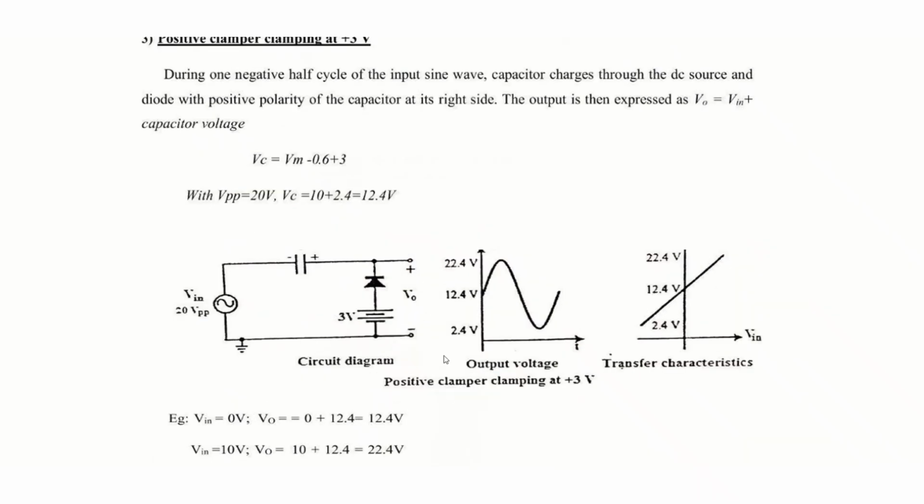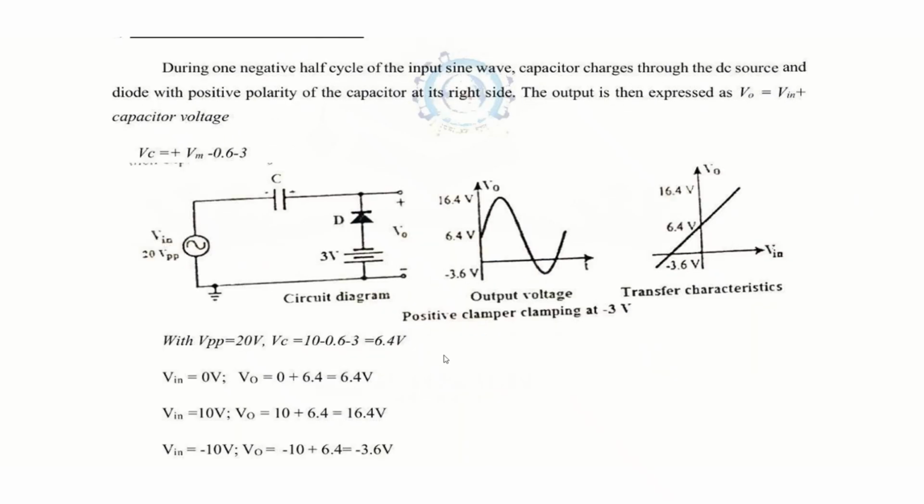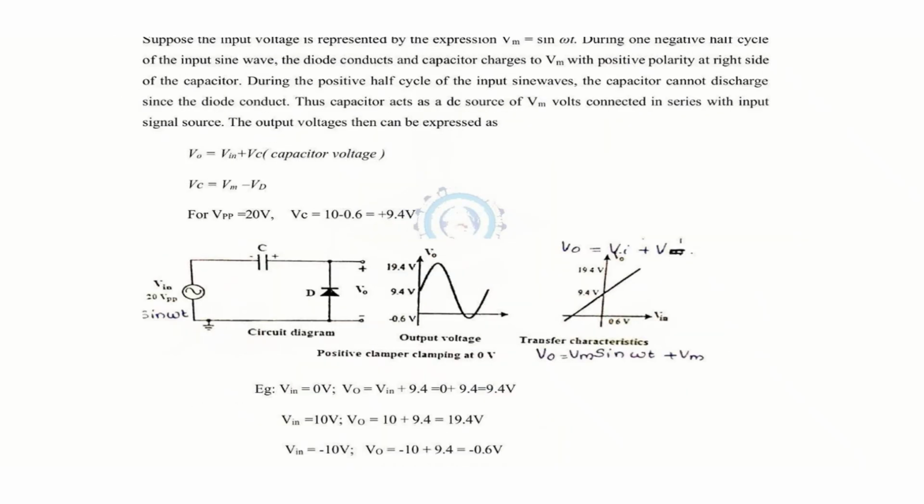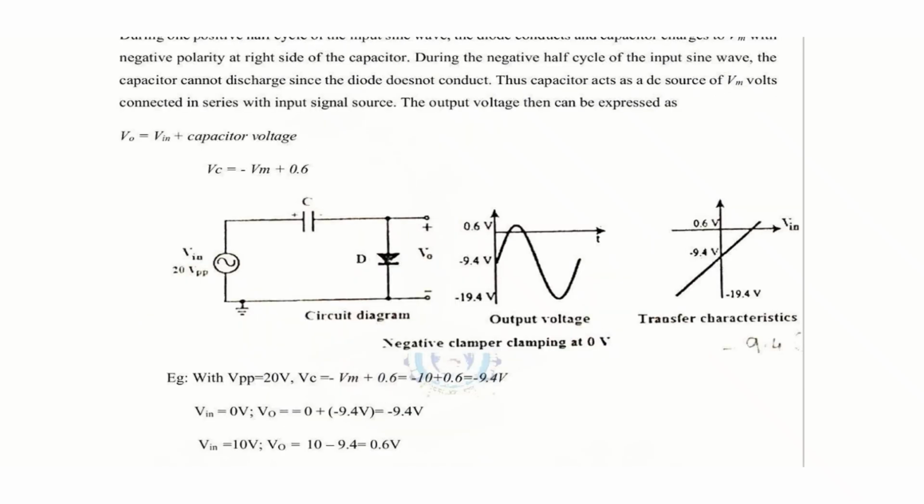So the capacitor charges, and from the output side we get the capacitor voltage, minus plus, meaning minus Vm. The diode's direction is plus minus, so the cut-in voltage is 0.6.